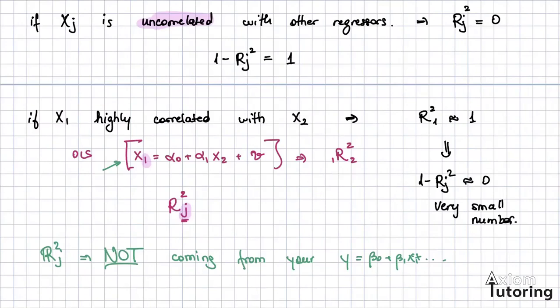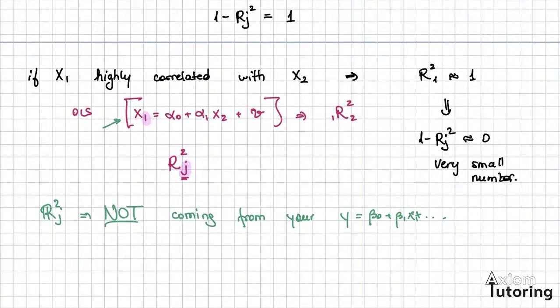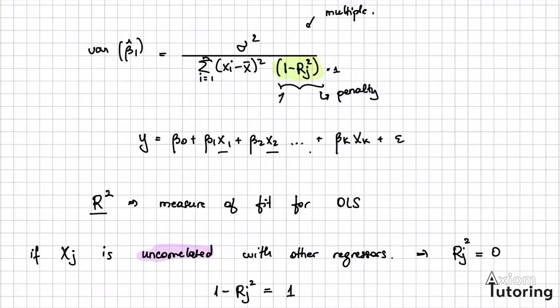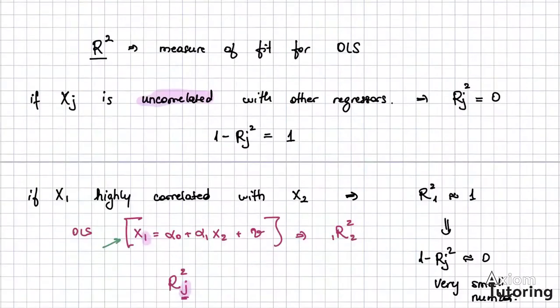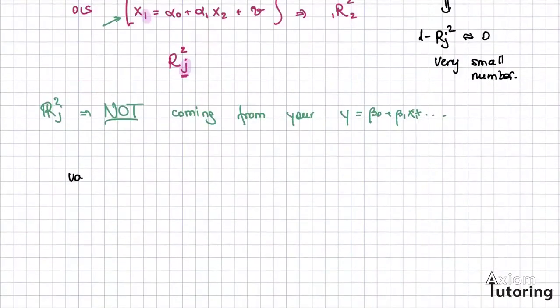Now, what happens when 1 minus Rj squared becomes a very small number, knowing that it's in the denominator of the variance of the beta 1 hat? That will mean that the variance of the beta 1 hat is going to blow up or explode.